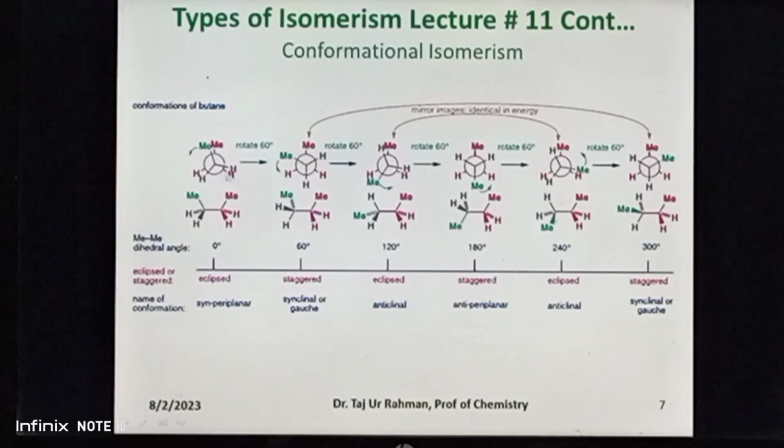of butane. These two eclipsed conformers of butane are called partially eclipsed conformers of butane. The reason is that in these two conformers, two methyl hydrogen and one hydrogen eclipsing can be observed on both front and rear carbon atom.